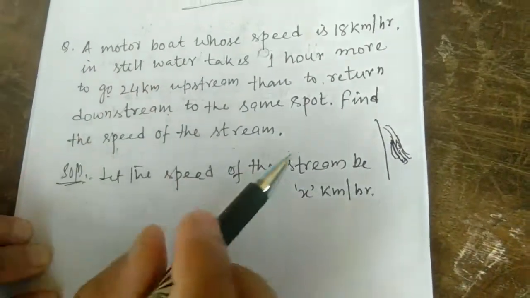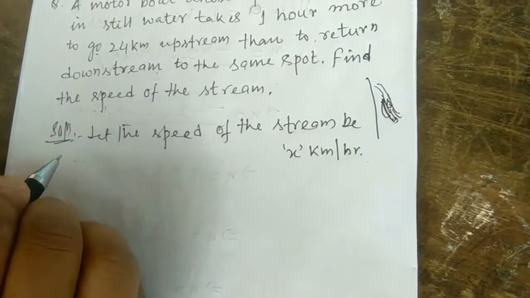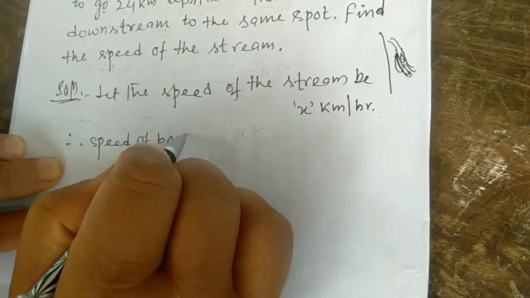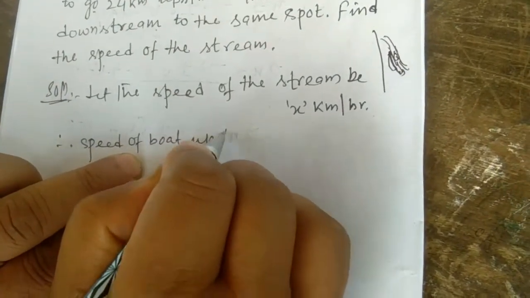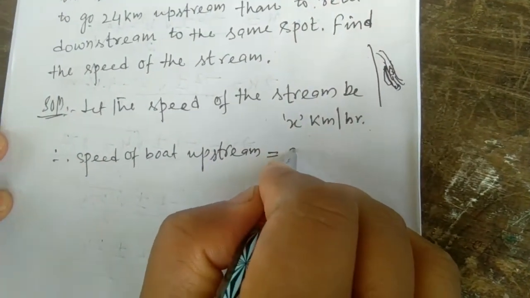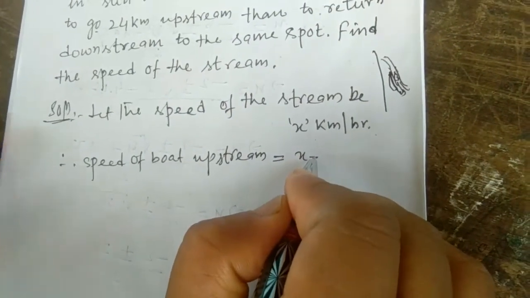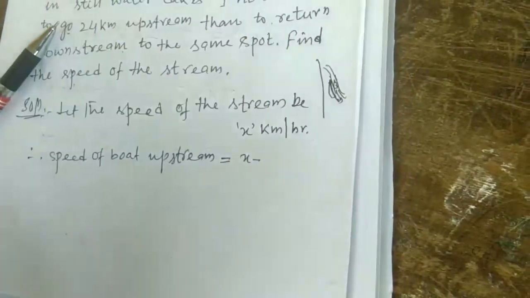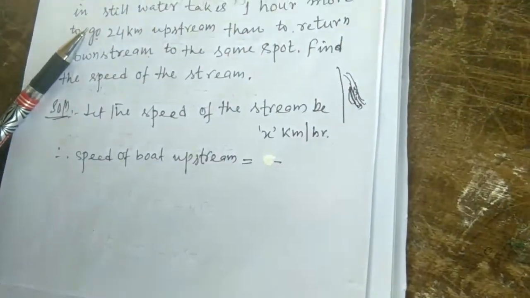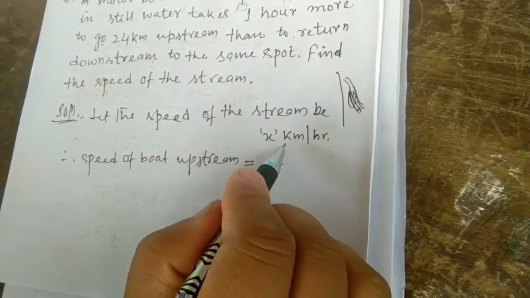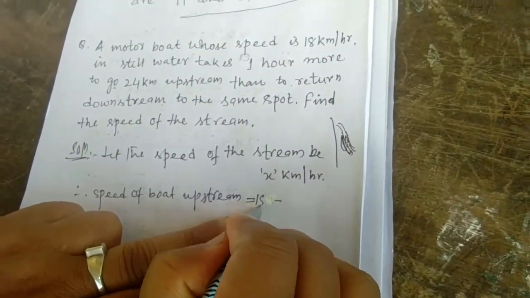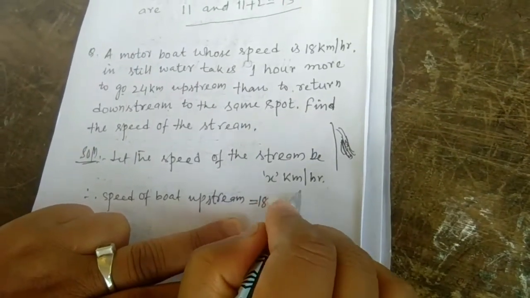So the speed of the boat upstream: the total speed given is 18 km per hour, and from 18 you have to subtract the speed of the stream x.